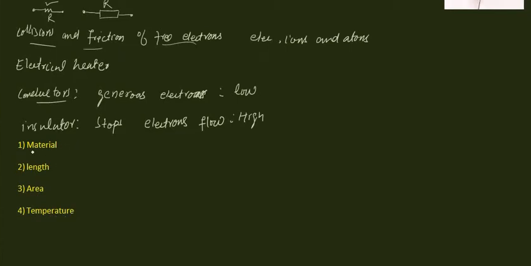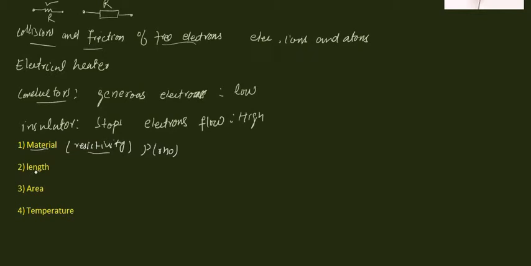Material identifies the sort of material used in the circuit, and we identify the type of material by a factor called resistivity, which is represented by rho. The greater the resistivity of the material, the greater will be its resistance.